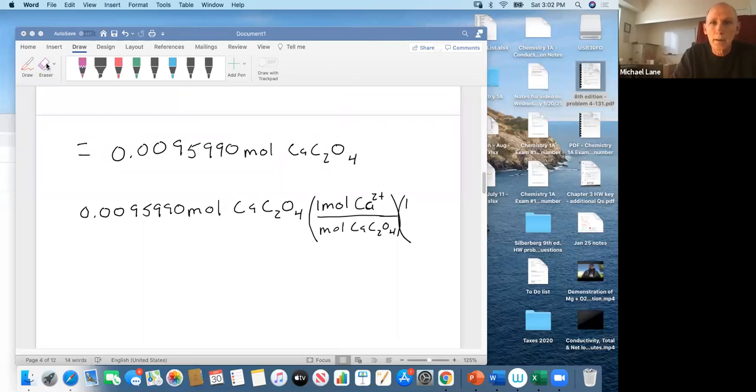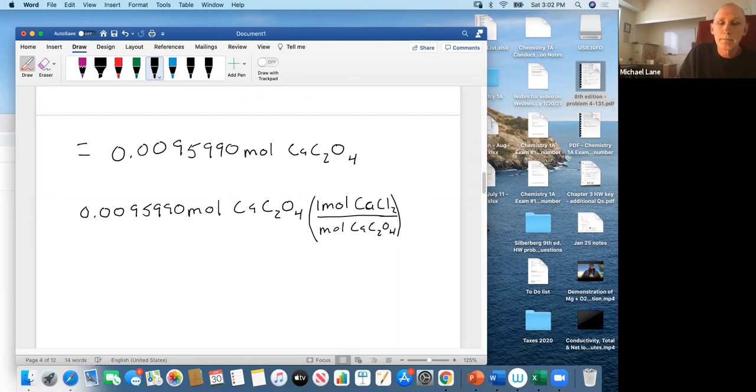Pardon me, slight error here. Let me correct it now. It is 1 mole of calcium chloride that forms from 1 mole of calcium oxalate. That goes all the way back to the very initial part of the question. And let me just continue right on down here.